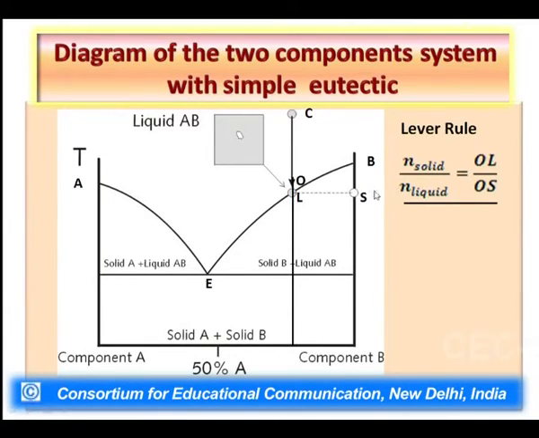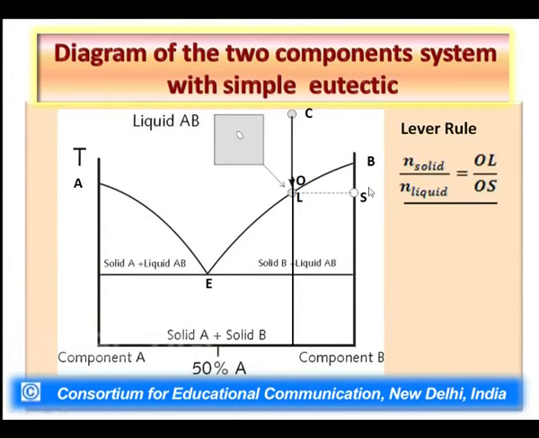Now you can see this line segment LS is a very important line which connects two different phases, because above curve BE there is only liquid phase, and on axis B, the point S in particular represents the pure component B, which is 100%. So, this point also describes the composition of the solid phase.